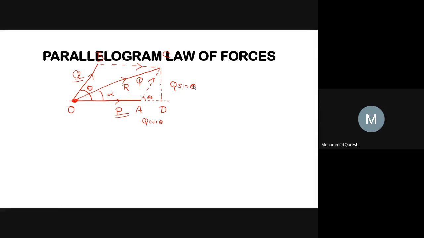So in this case, what is R? Resultant force. What is P? One force. Q, the other force. Theta, the angle between the P and Q force, and alpha, the angle between P and R force. So the resultant force will be found by the equation capital R equals the square root of P squared plus Q squared plus 2PQ cos theta.